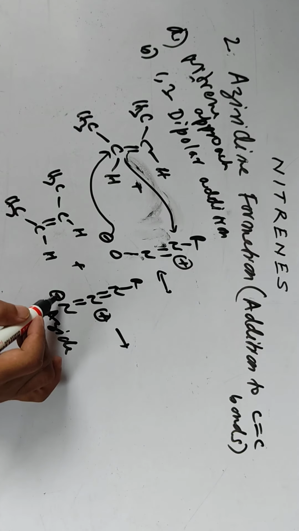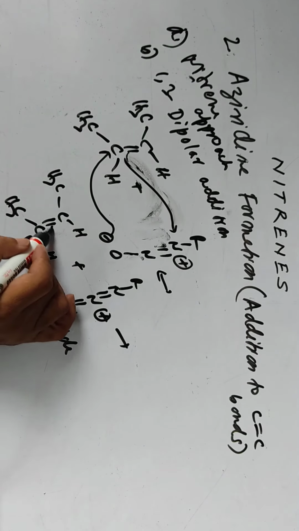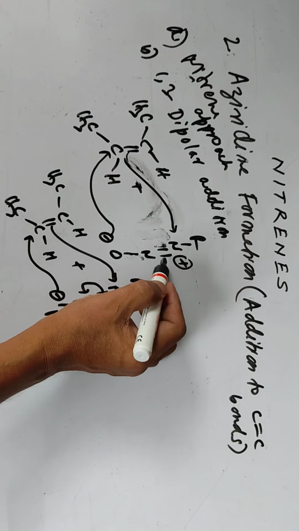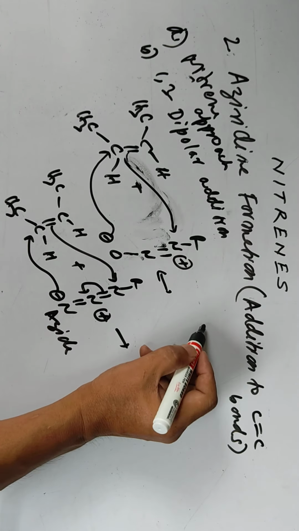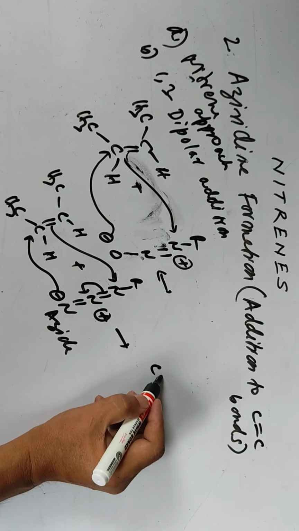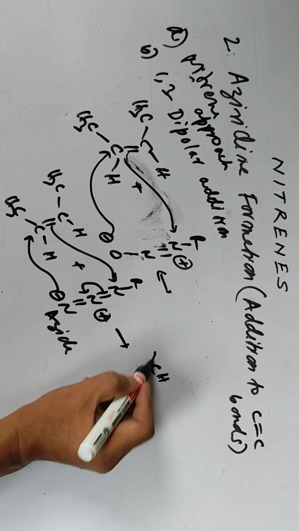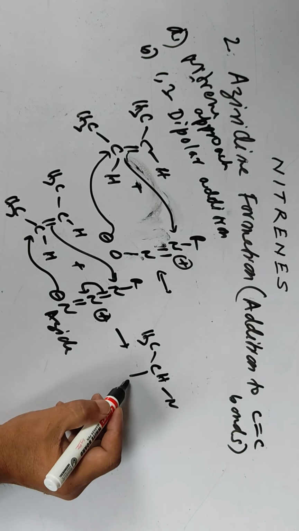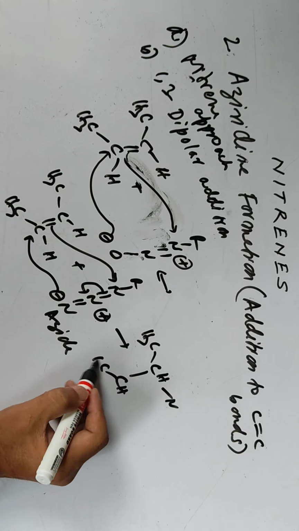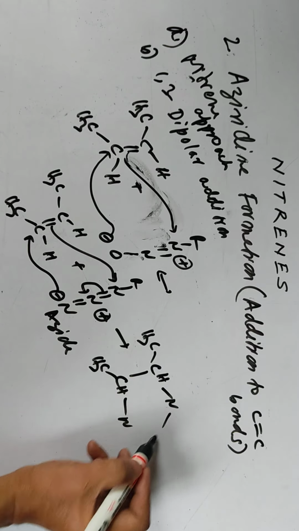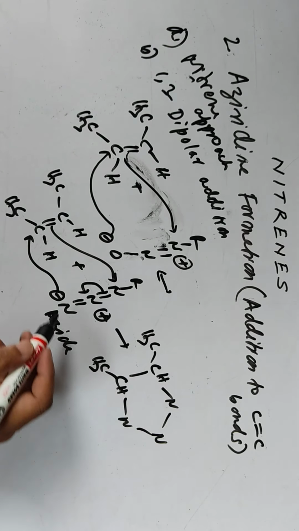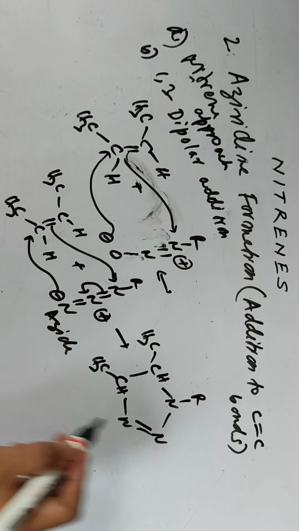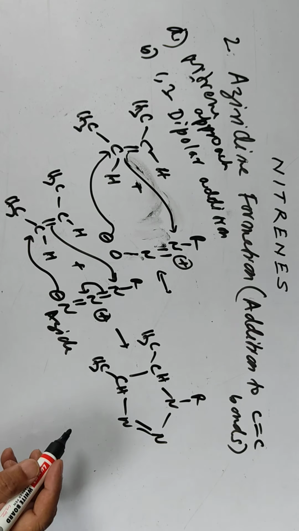This will attack here first, then this will attack here, and this will give this. Similar to the oxygen attack. I write here CH3, so you can have a 5-member ring, with N here, a double bond here, and R here. This is the cyclic intermediate form, triazoline.